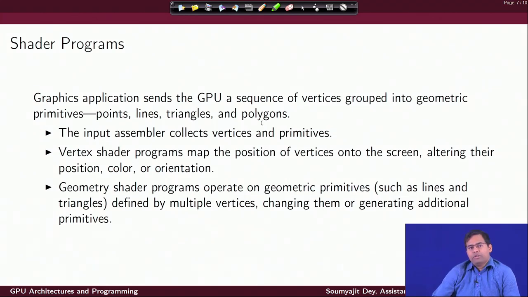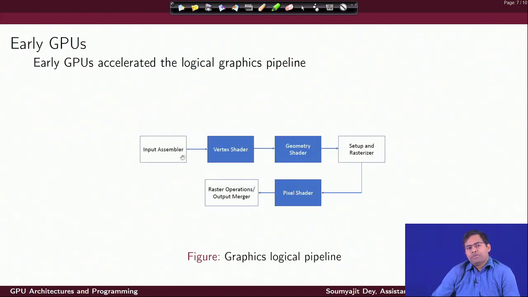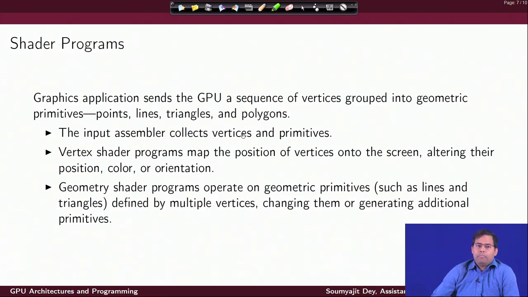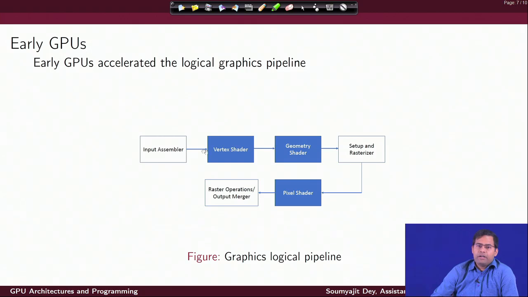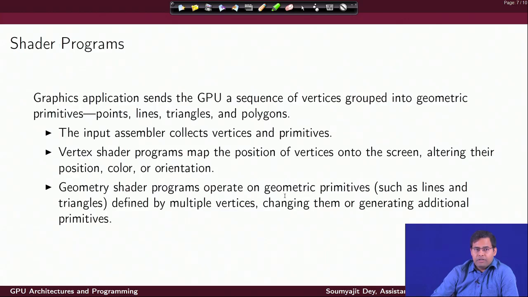For that, it will need to execute this specific graphics pipeline which has these 6 logically divided parts. There are certain parts which represent specific programmable parts. These are the ones that we have highlighted here in blue: the vertex shader, the geometry shader and the pixel shader.